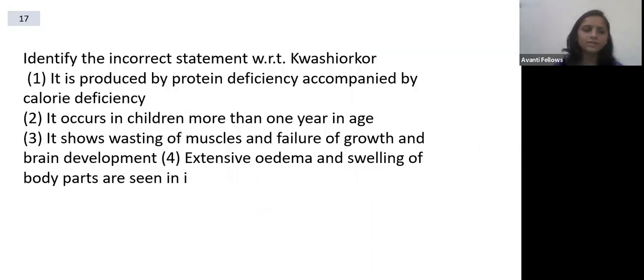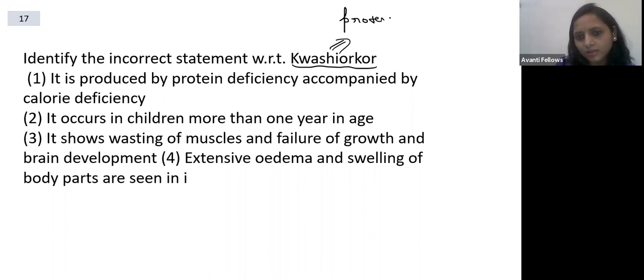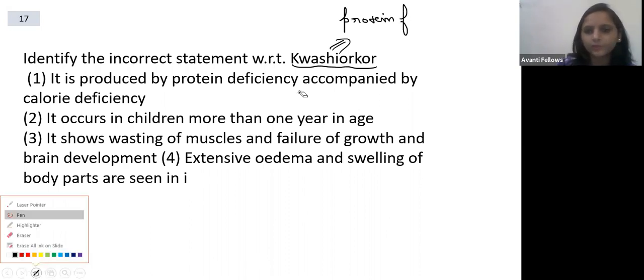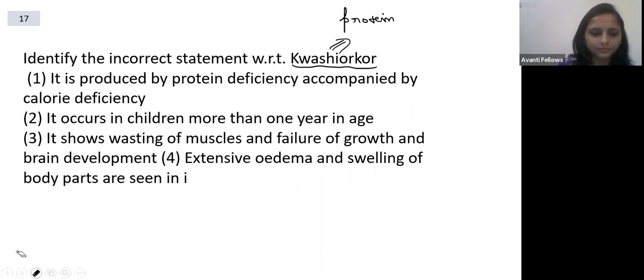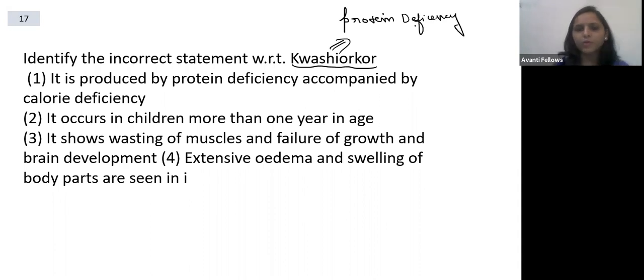Let us go to the 17th question. Identify the incorrect statement with respect to kwashiorkor. In the last test we discussed marasmus. Kwashiorkor is also due to protein deficiency.